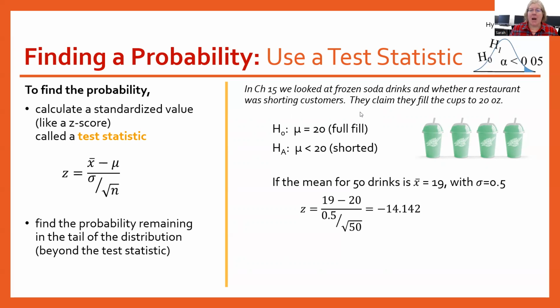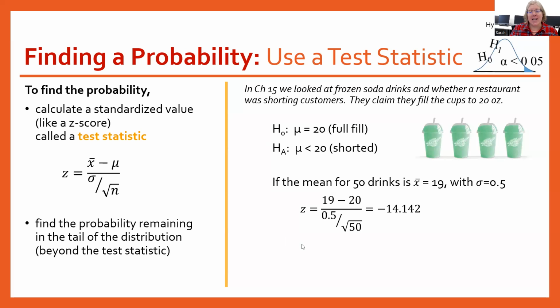So if you remember in chapter 15, we also looked at that example with the frozen soda drinks. And so the null hypothesis in this situation would be that the drinks are full, meaning that the mean is 20 ounces. And I'm claiming for the alternative hypothesis that they're shorting me, so that the mean is less than 20. So if you remember, I calculated a sample mean of 19, and we had a standard deviation of half an ounce.